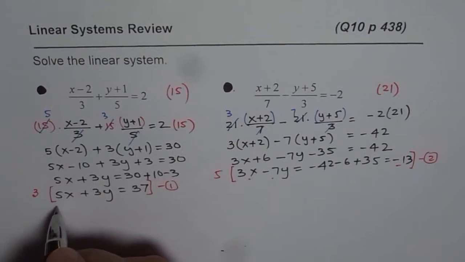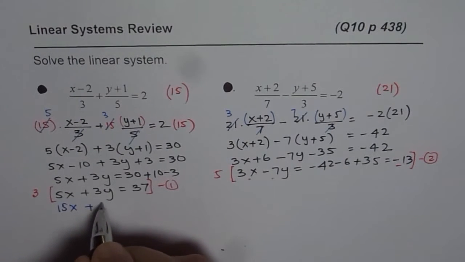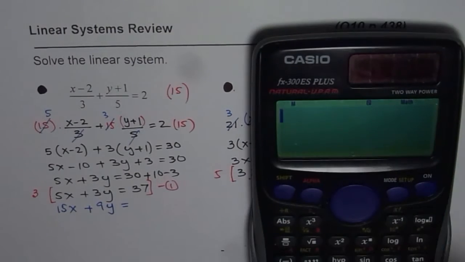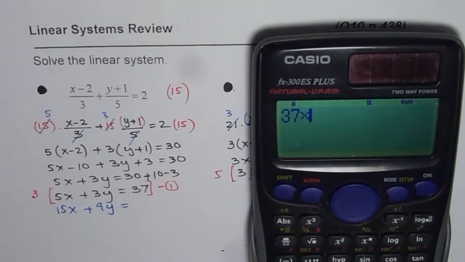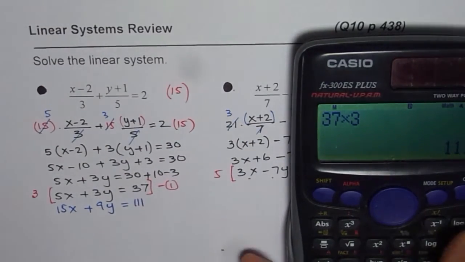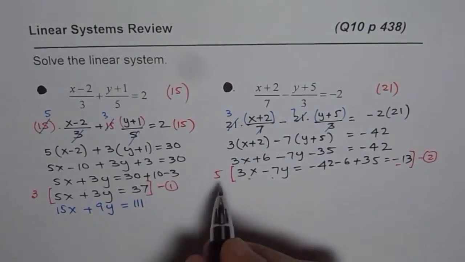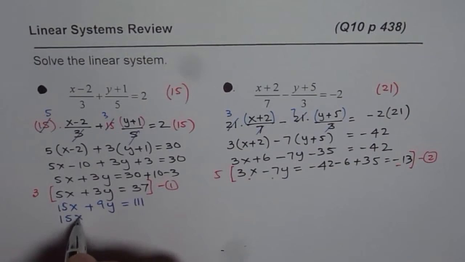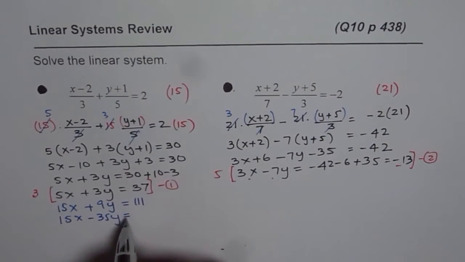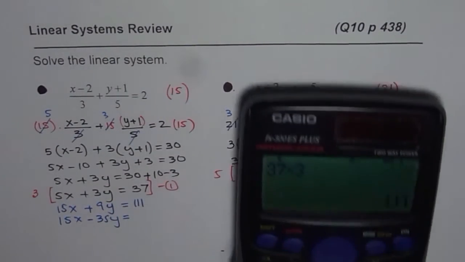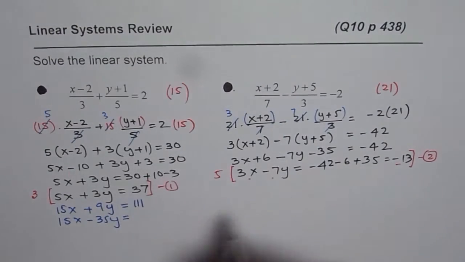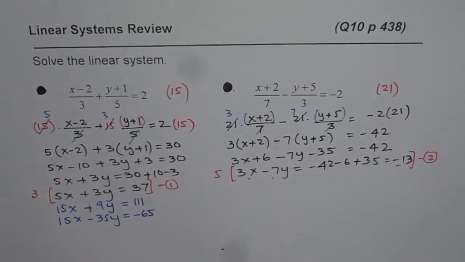3 times 5 is 15x plus 9y equals, using the calculator, 37 times 3 equals 111. The other one is 5 times 3, 15x, minus 35y equals 13 times 5, 65 with the negative sign, so minus 65.